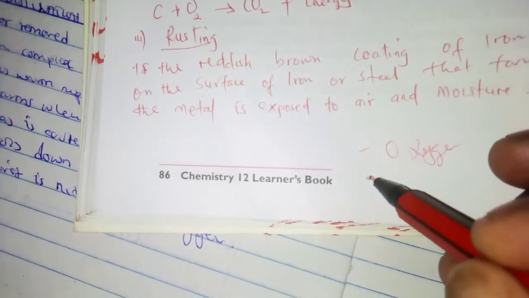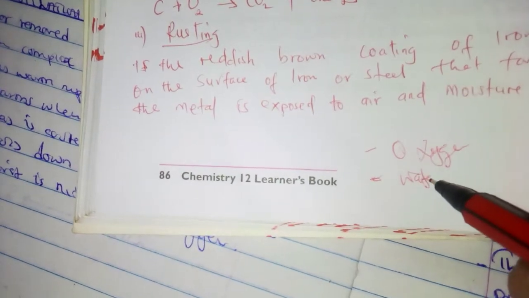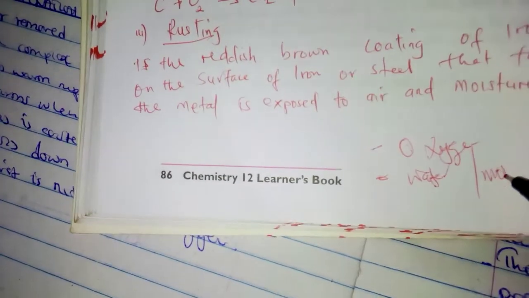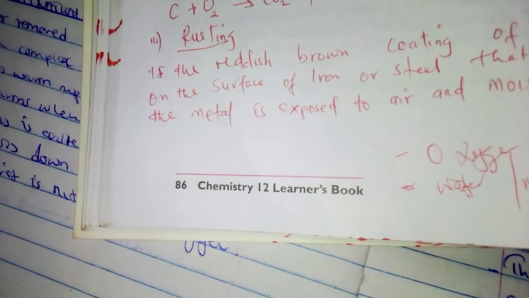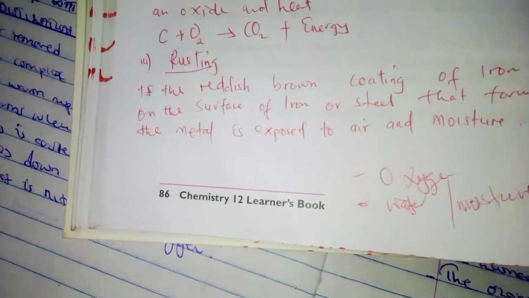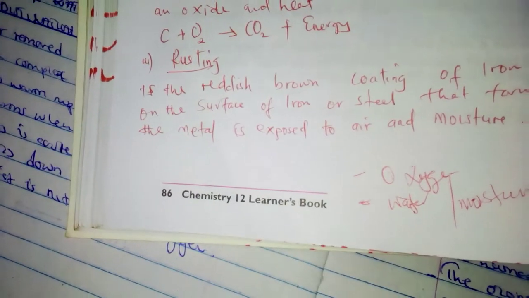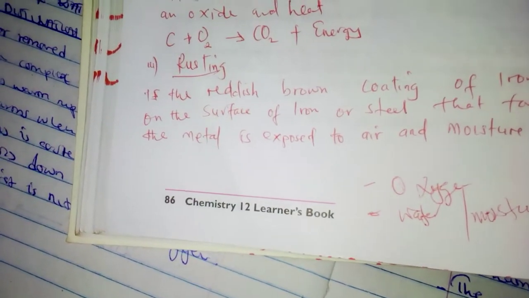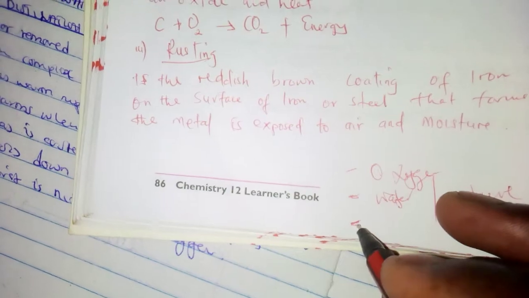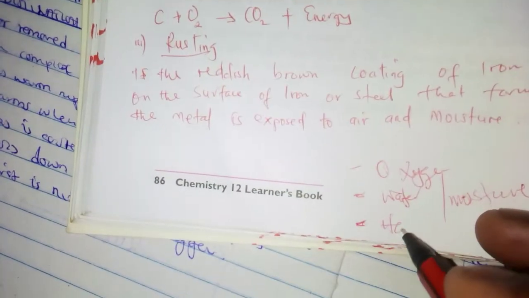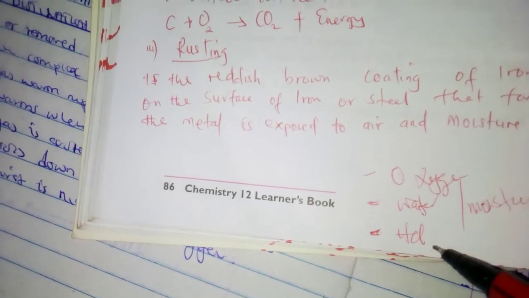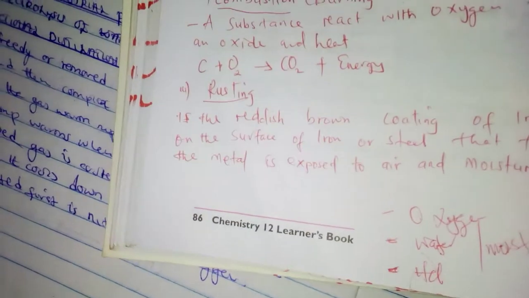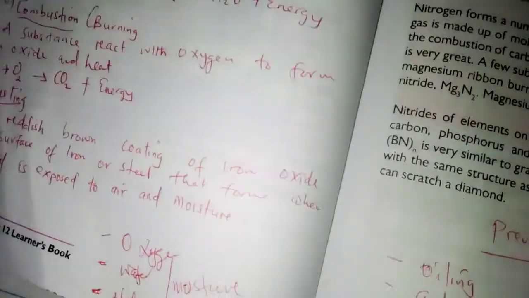Then number two, water or moisture. These things should be there. And then there must be an electrolyte like hydrochloric acid. So when there's an electrolyte like hydrochloric acid, then something is likely to rust.